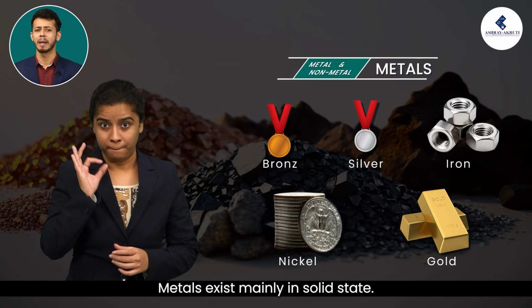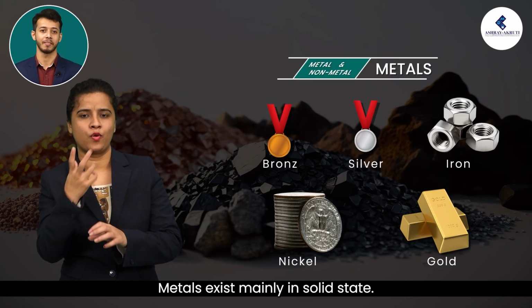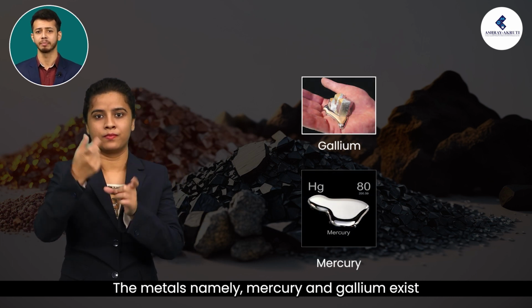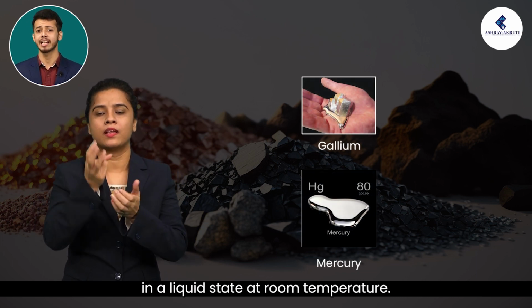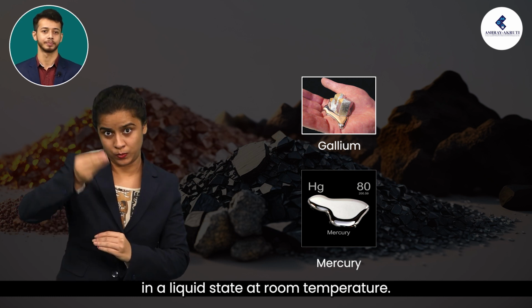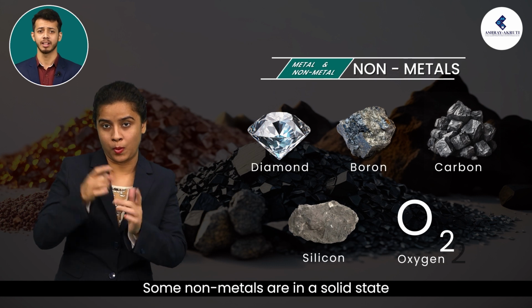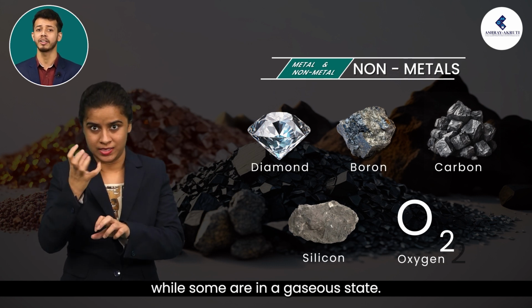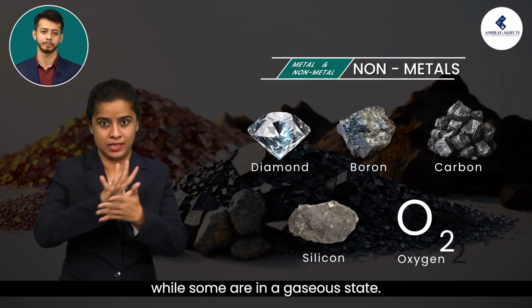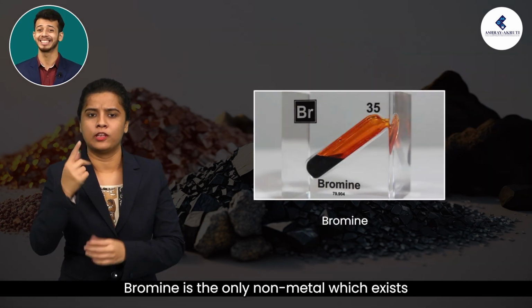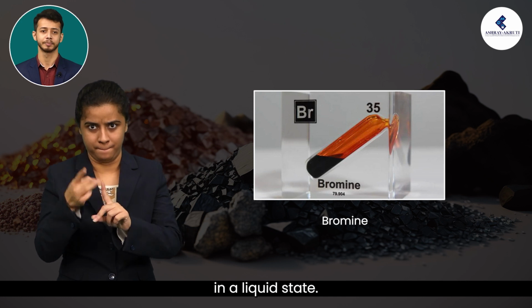Metals exist mainly in solid state. The metals, namely mercury and gallium, exist in a liquid state at room temperature. Some non-metals are in a solid state while some are in a gaseous state. Bromine is the only non-metal which exists in a liquid state.